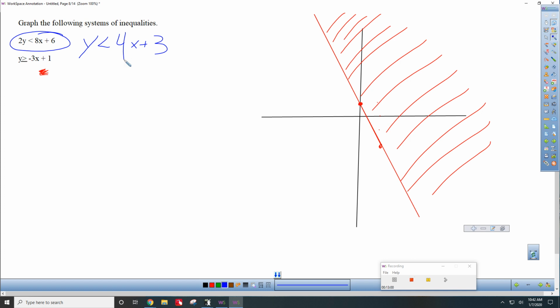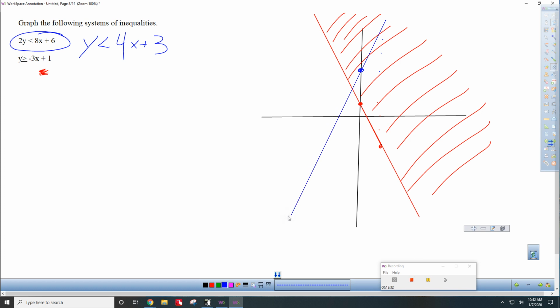Alright, so now we got a y-intercept of 3 and a slope of +3. Over 1, up 1, 2, 3. This line has got to be dashed. Whoops. And we want it to be blue. So it's going to look something like that.